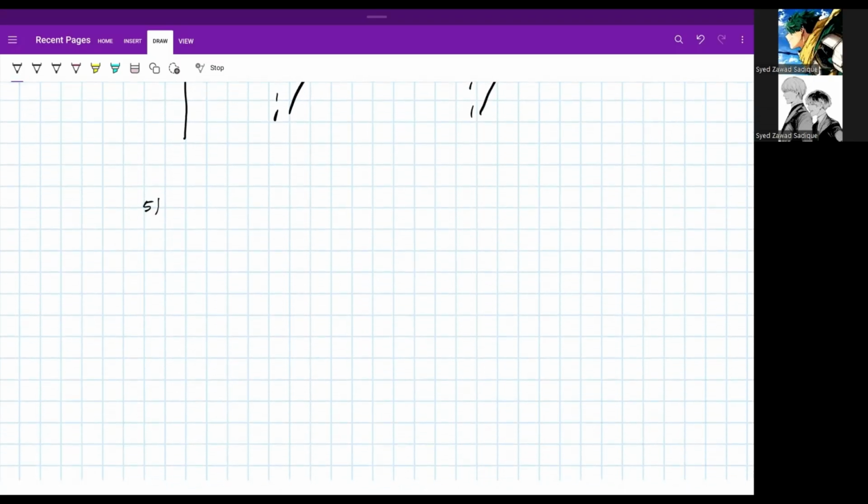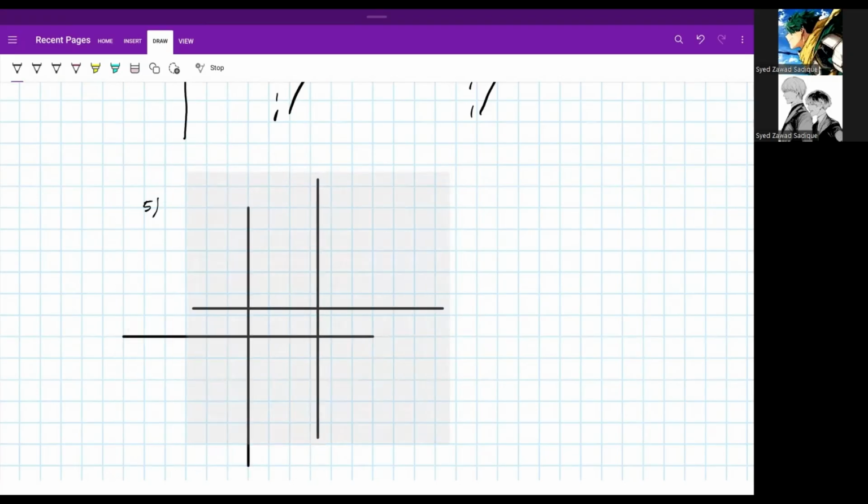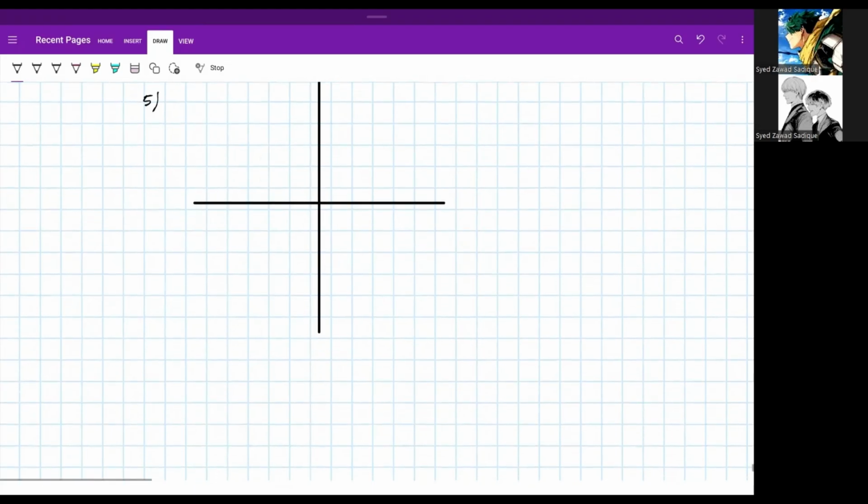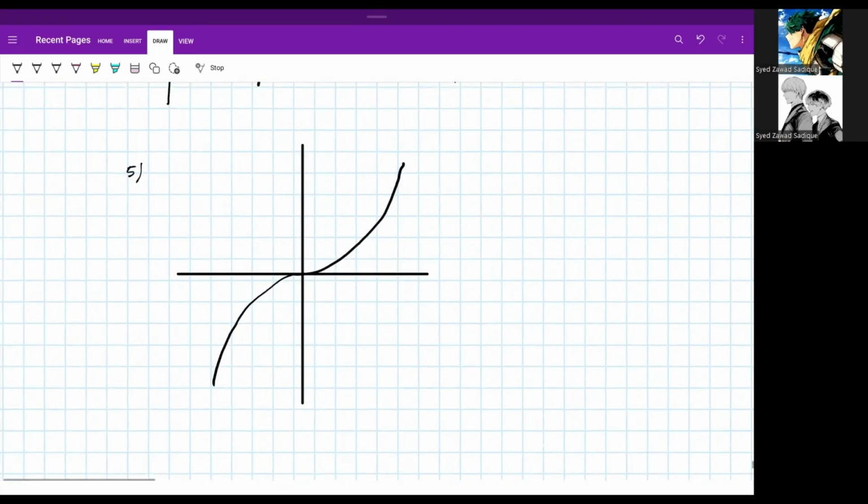Now, the fifth graph that you guys made now are the simple graphs. This is y is equal to x cubed.